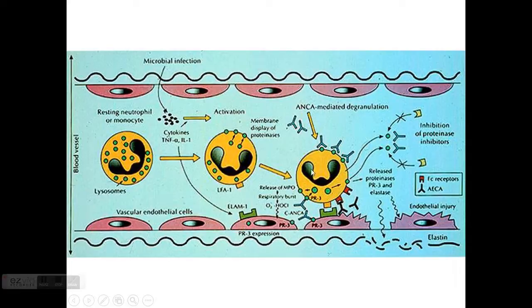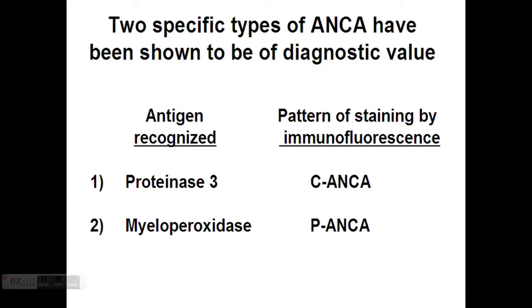And if you do have these antibodies in circulation, they will bind to the neutrophil surface, and that will actually initiate the injury that will result in release of these proteinases and enzymes from the neutrophil, and that will cause basically injury to the small vessels, and you will end up with small vessel vasculitis. And similarly, in the glomeruli, you will have focal necrosis that will initiate crescent formation.